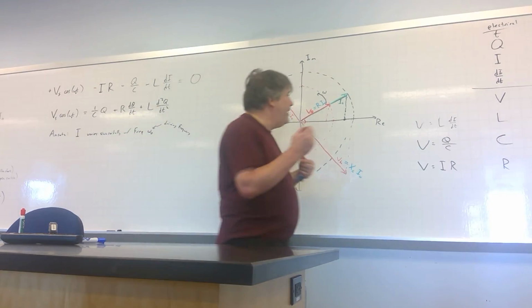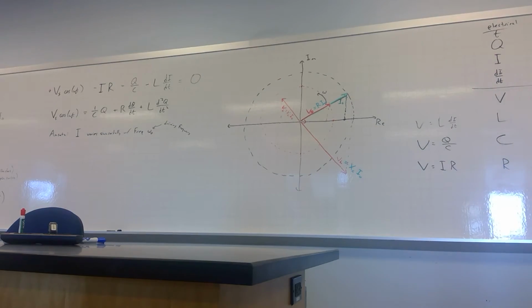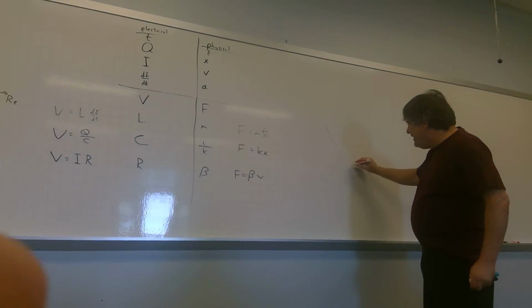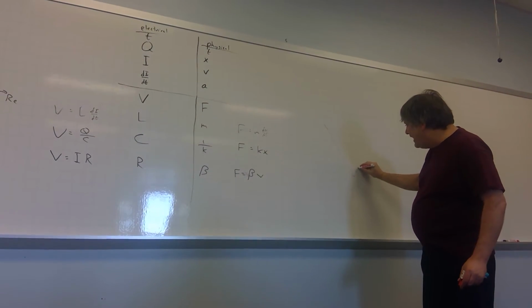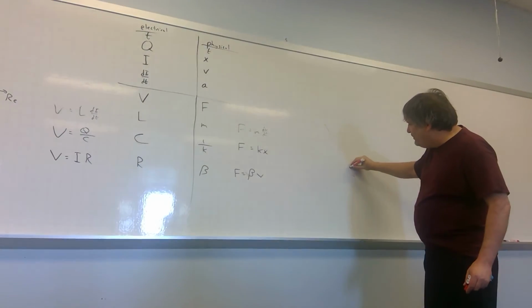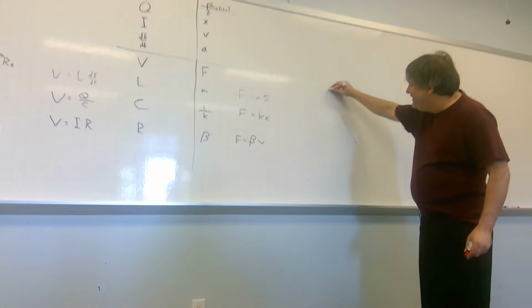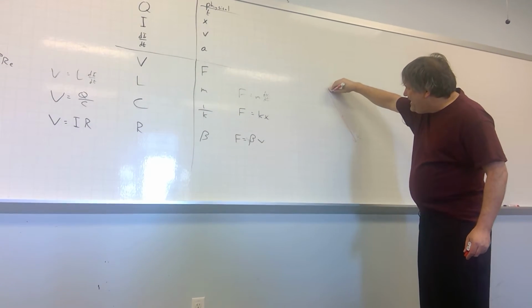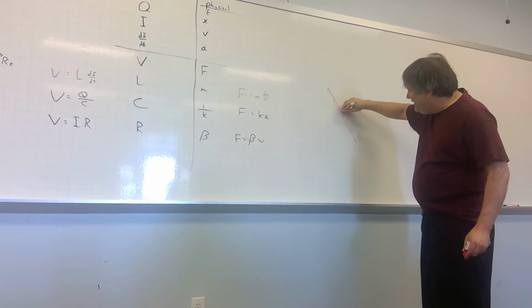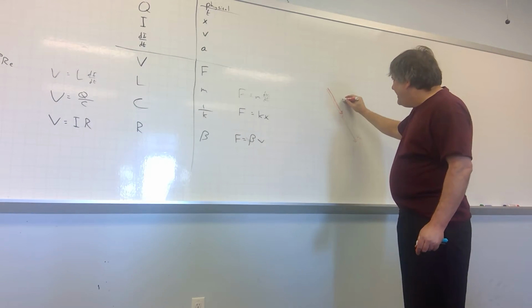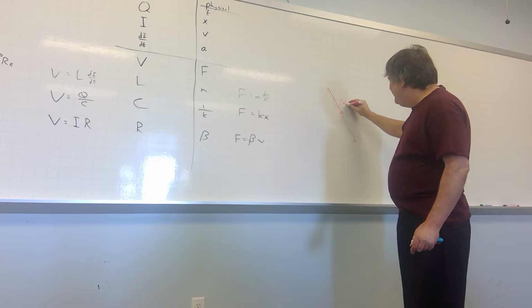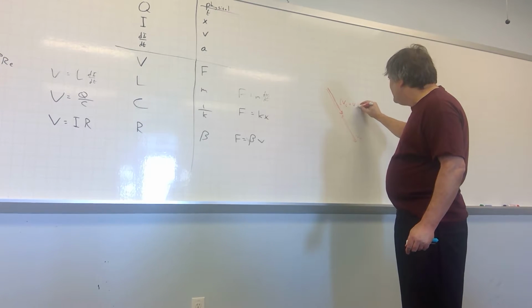So when I add them up, the first thing I might do is say, all right, here's what I get if I take the voltage across the inductor and I add the voltage phasor for the capacitor. What do I end up getting? I get this combined red vector like that. And I can say, all right, this is voltage on the capacitor plus voltage on the inductor.